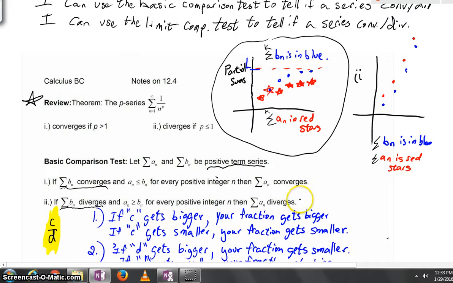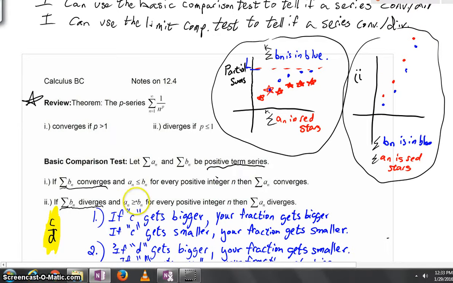So where we're going with this is this second picture off to the right. Let's just say that we know that b sub n diverges. It's a positive term series. So to say it diverges means that our partial sums are not going to level off. In blue, here are our partial sums. They're shooting off towards infinity.